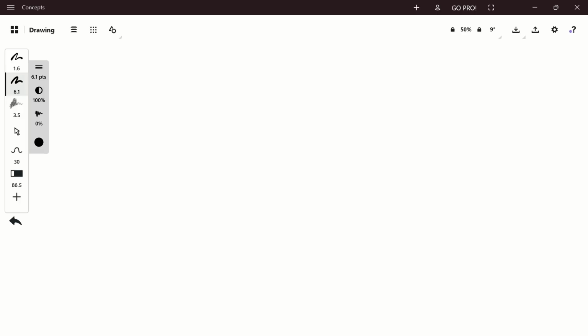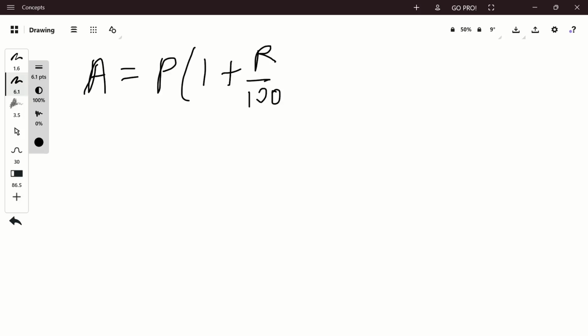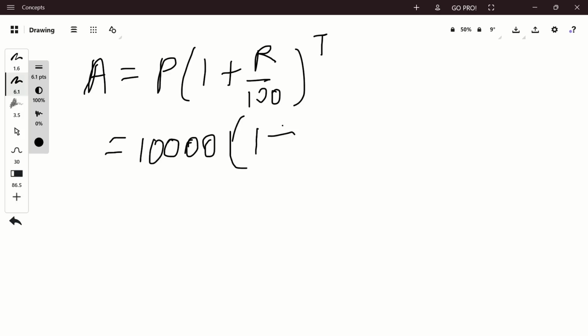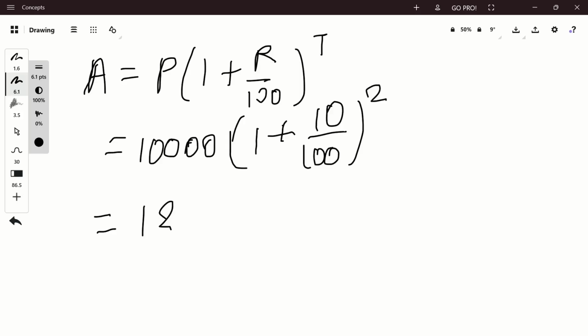Amount A is equal to P into (1 plus R upon 100) to the power T, which is equal to 10,000 into (1 plus 10 upon 100) to the power 2, which is equal to 12,100.